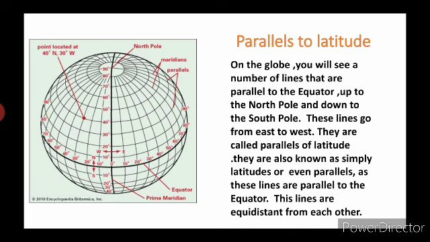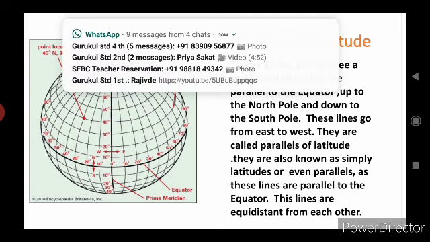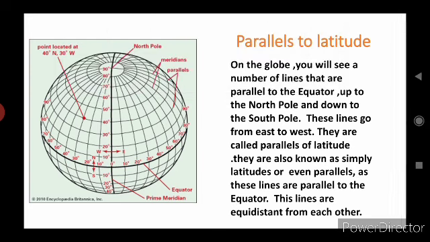The equator is there, and you can see the prime meridian on the globe. West side, east side, north side, south side they have given. In the previous video we learned that W indicates west, E indicates east, capital N indicates north, and capital S indicates south.